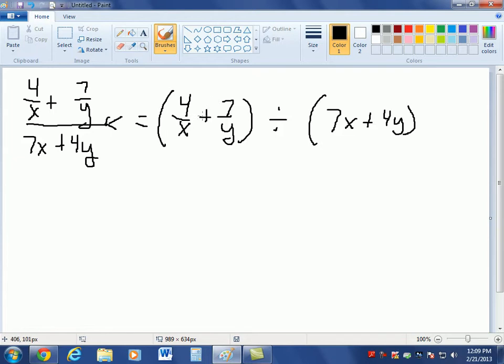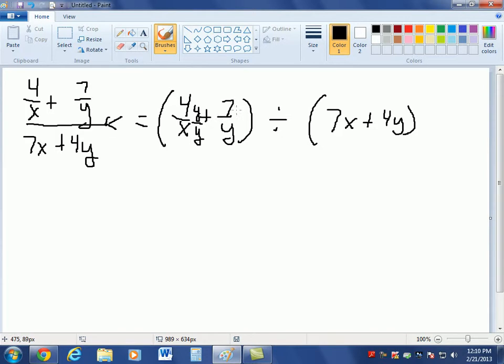To get a common denominator. So how do I get a common denominator? Well, let's look at this first fraction. What do I do to it? We multiply it by y over y, and I love how you phrased that. It's not just multiply by y, because that changes it. But multiplying by y over y is multiplying by 1.